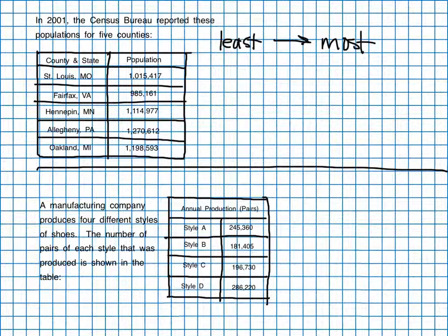Well, hopefully, fifth graders, as you look through these numbers, you were able to come up with the right answer. The least populated is Fairfax, Virginia. And I'm just going to write in all capitals because sometimes it's easier with the stylus, with 985,161.